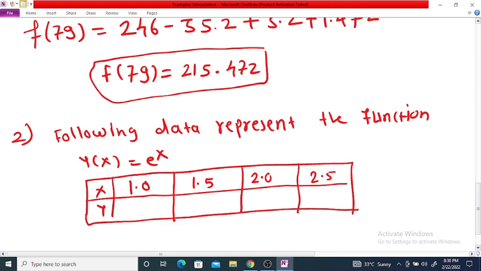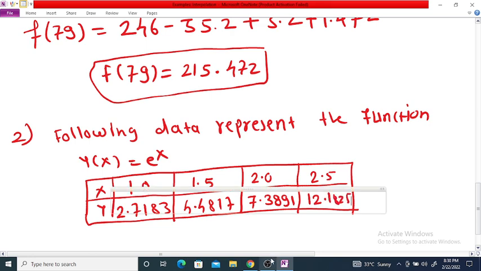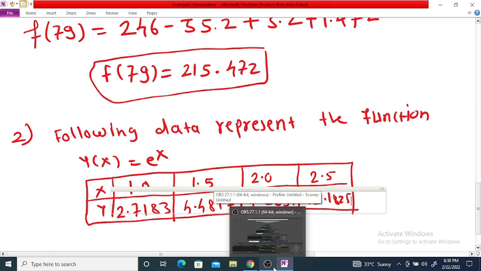The corresponding values are 2.7183, 4.4817, 7.3891 and 12.1825.